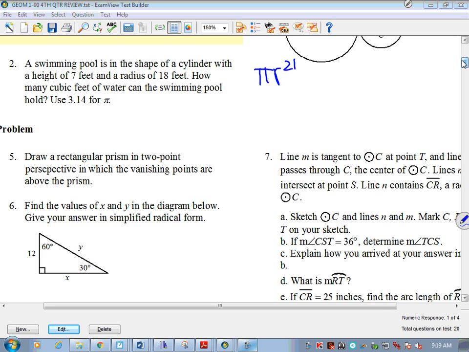Pi r squared times height. Very good, Nick. What are we going to use for pi? So volume equals 3.14. What's my radius? 18 is the radius. 18 squared, and the height is 7. You guys have your calculators there: 3.14 times 18 squared times 7.